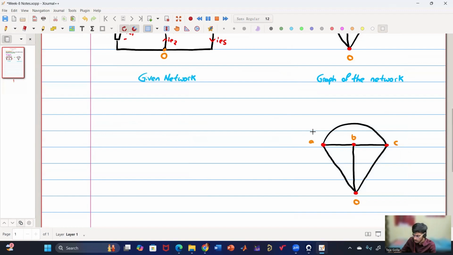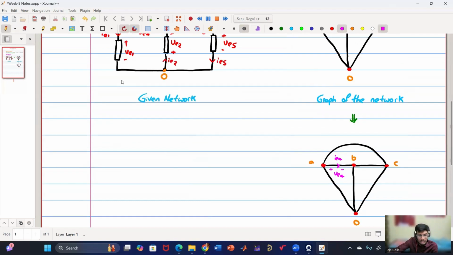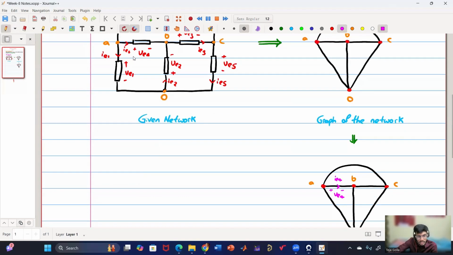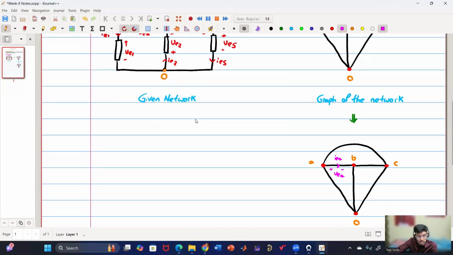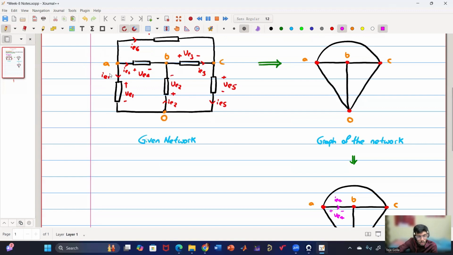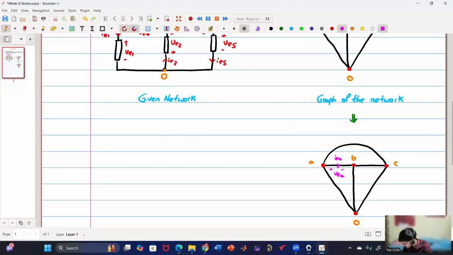From the top graph, we are now drawing the directed graph. I'll put the current as well as the voltage information. I'm using a different color. It has IE4. Whatever direction is mentioned here, I'm just putting the same. A to B, current IE4 is flowing, and VE4. Similarly, A to O, IE1 is flowing and the voltage is plus minus VE1.